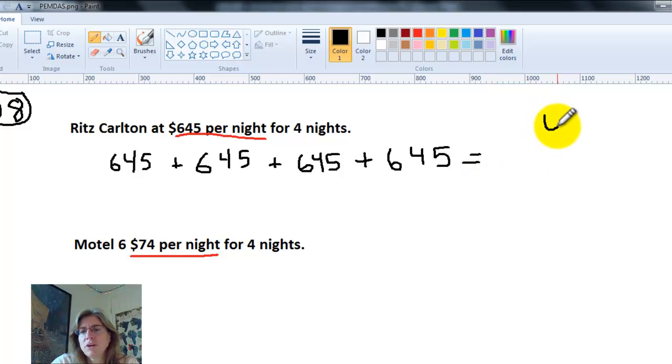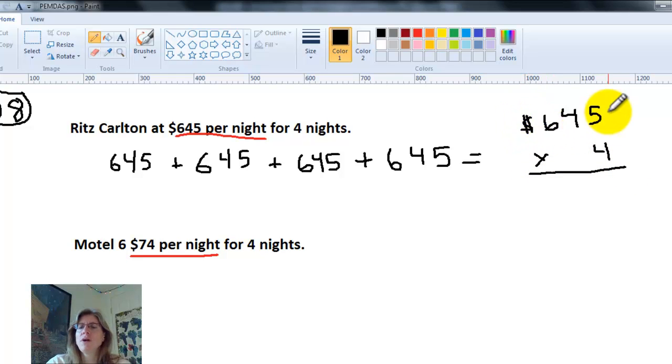And in that case, which I think is a little easier to solve that way, you have $645 times 4. So that's just a dollar sign to keep track. And you do your basic multiplication. 5 times 4 is 20. Put the 20 up here. That's our number carried. The 2 up there. 4 times 4 is 16. Plus 2 is 18.